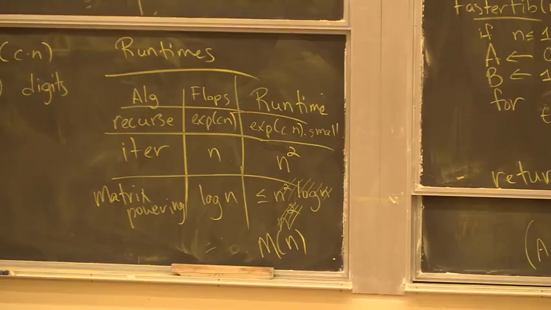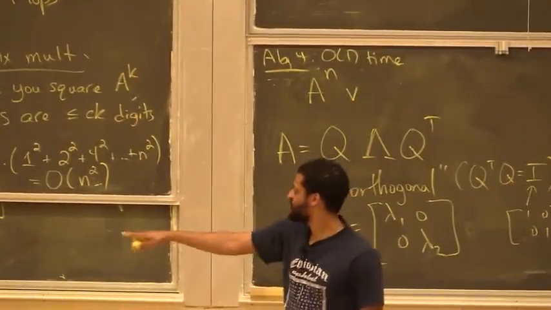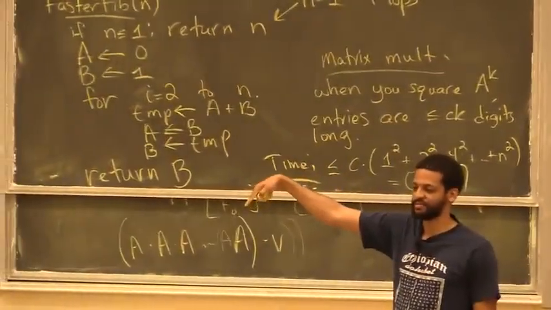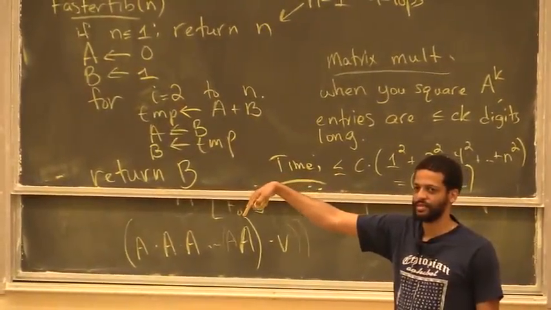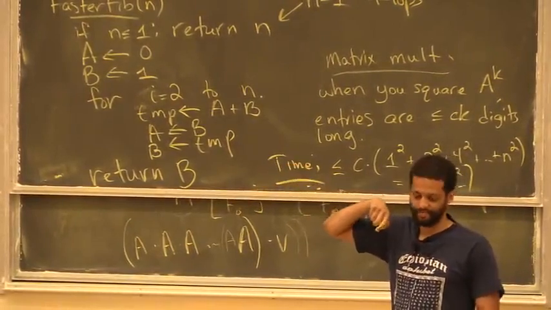But notice, unless you did something fancy like Karatsuba, just reducing the number of flops is not enough to actually improve the runtime. Does that make sense?